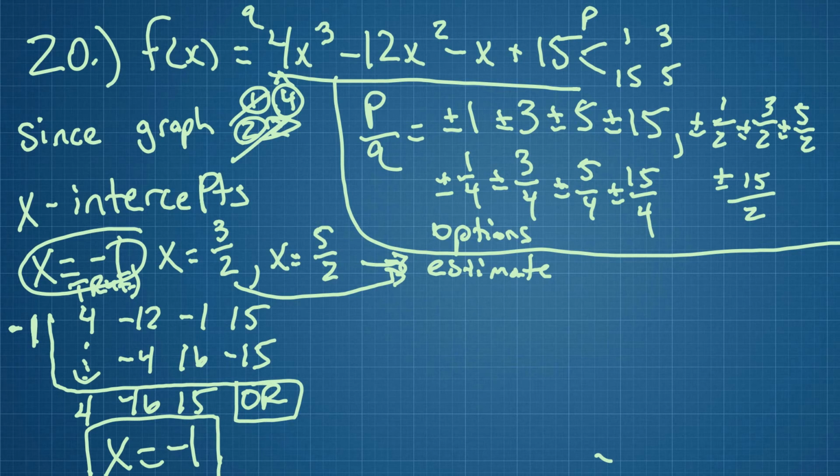Now you have a couple options here. I'm going to take this quotient and write it as 4x squared minus 16x plus 15.